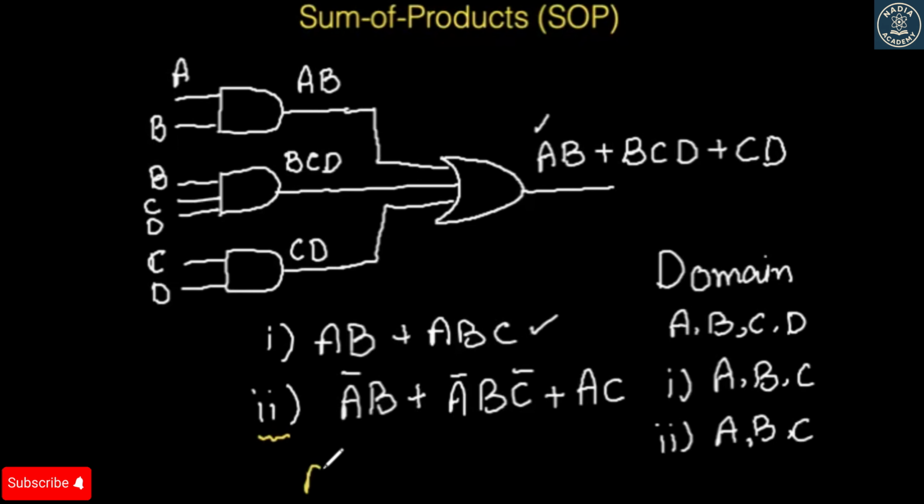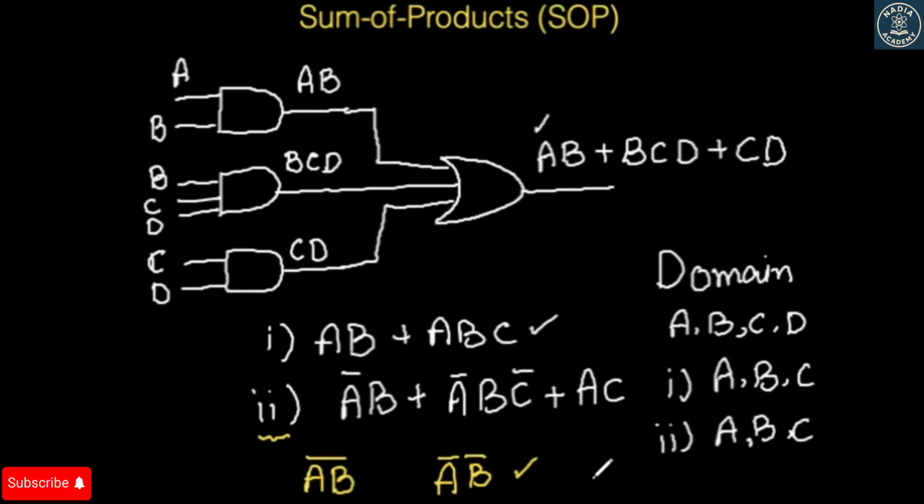For example, if we have AB with an overall bar on the product of AB, this is not allowed in sum of products. Only the single bar is allowed, for example A bar, B bar, instead of a bar over the whole product. So the term with the single bar is allowed in sum of products.